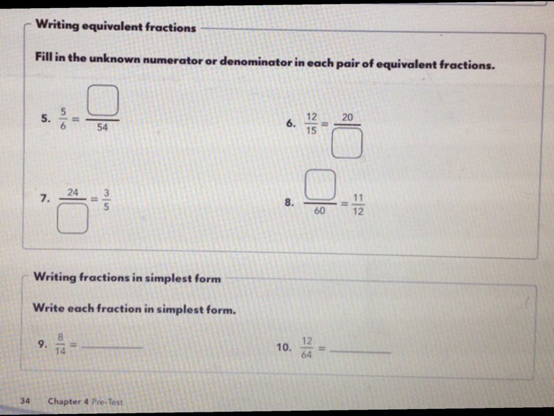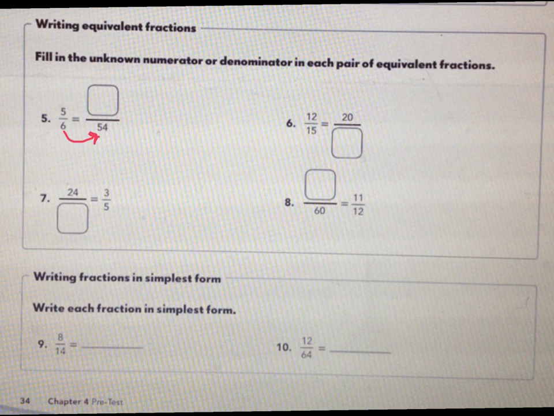But in this one, what we're looking for is, all right, so we know that 5 over 6 is being scaled up to something over 54. What I would first ask myself is, what is the relationship between 54 and 6? How do I get from 6 to 54?